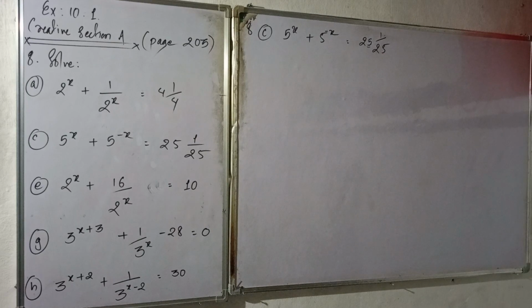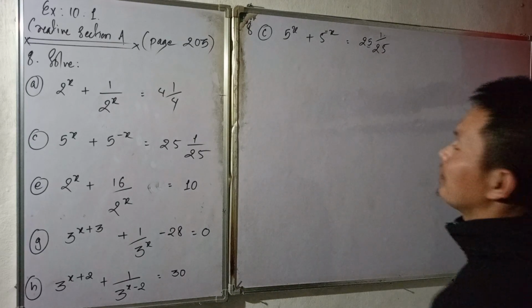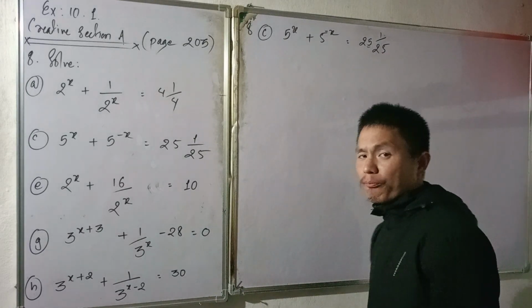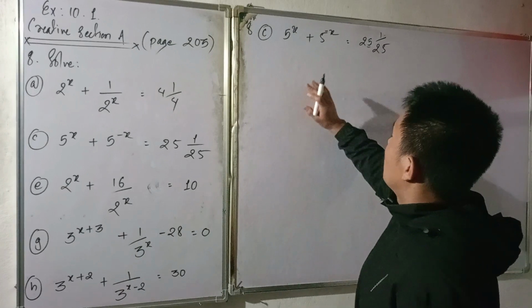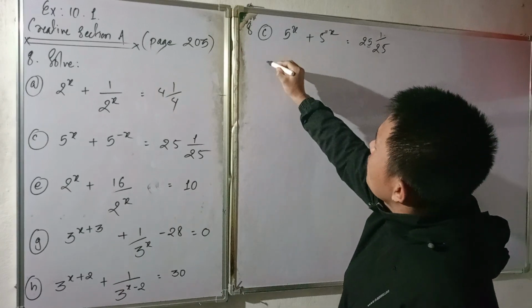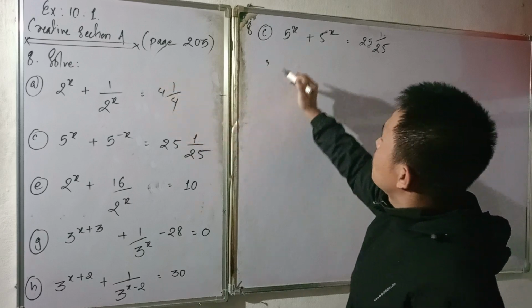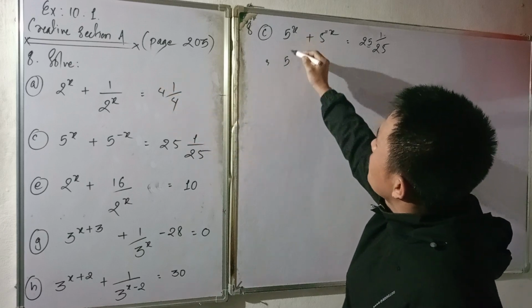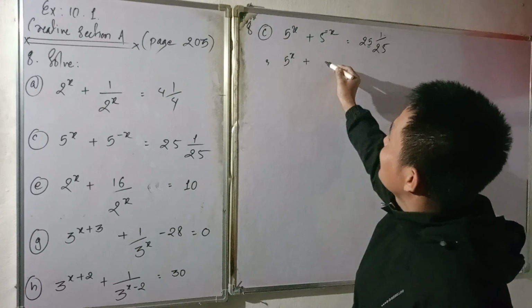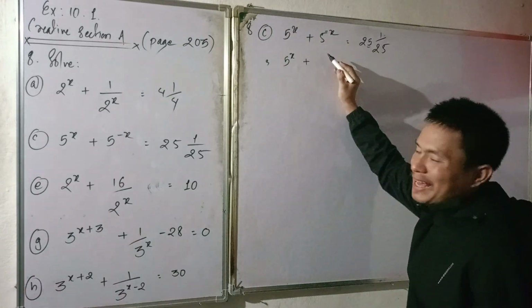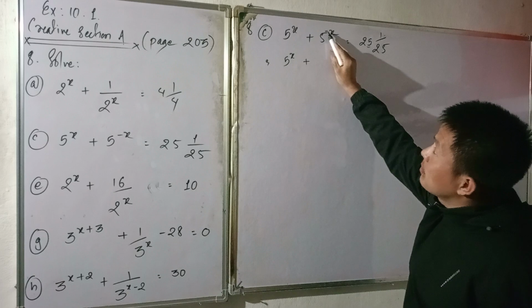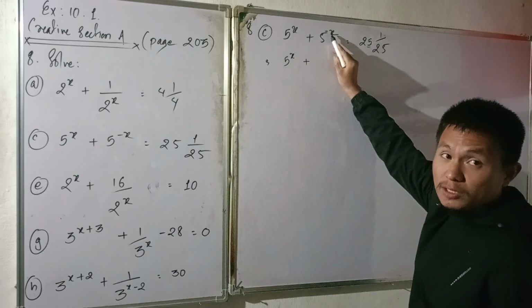Now you can see 8C. In 8C you just have to do it just like in 8A. You can see here 5 power x, right, as it is. Now this 5 power minus x, you want to make this minus x into positive.